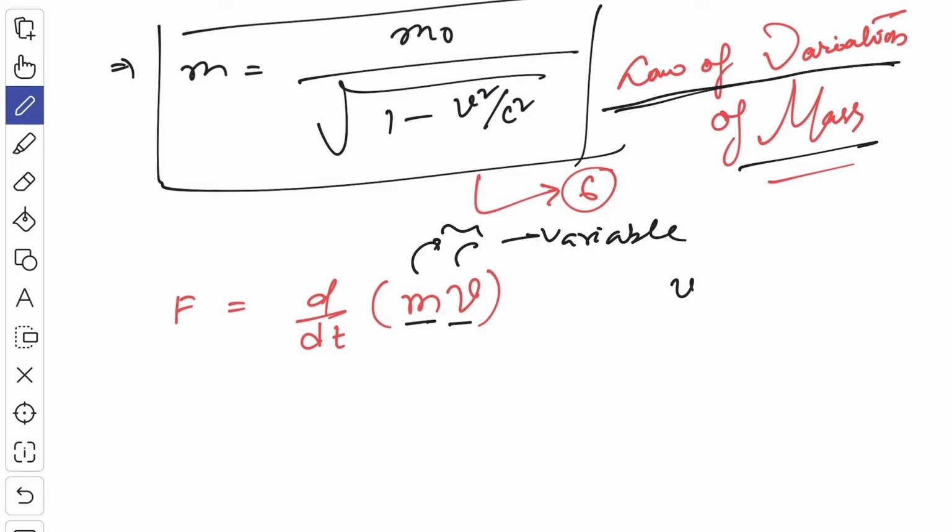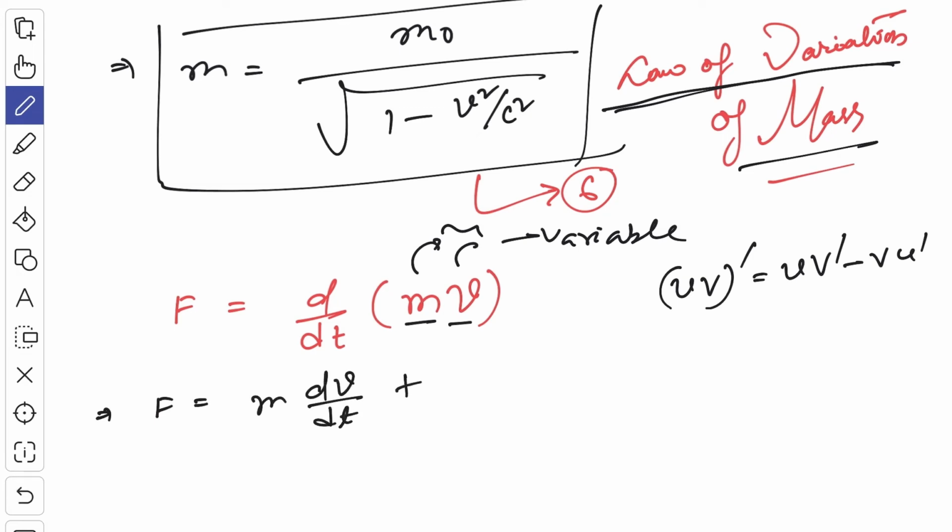And now use the product rule of derivative: u into v, its derivative is u times derivative of v plus v times derivative of u. If you use that rule, then you will get F is equal to m dv by dt plus v dm by dt.